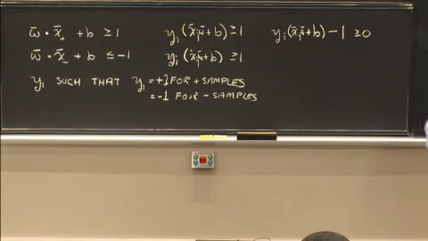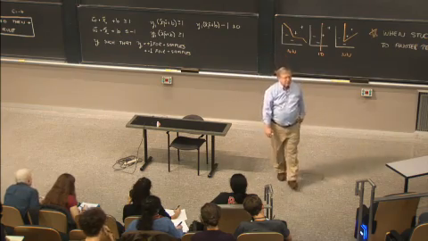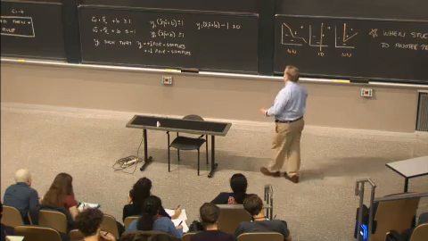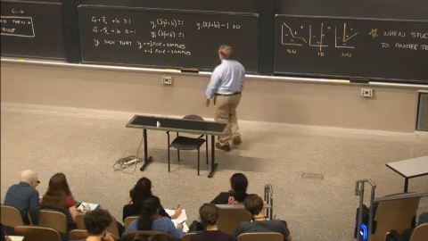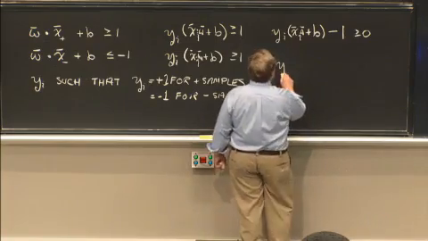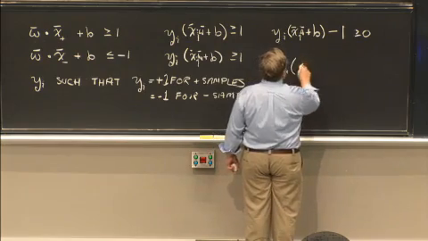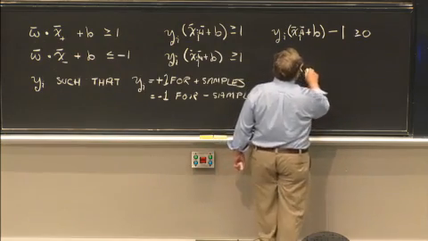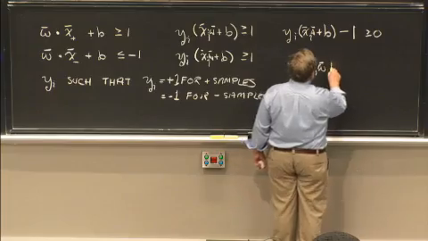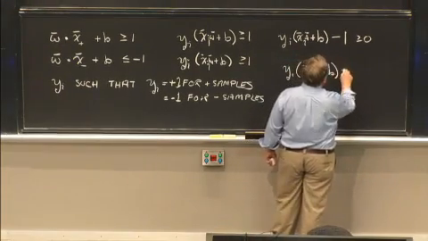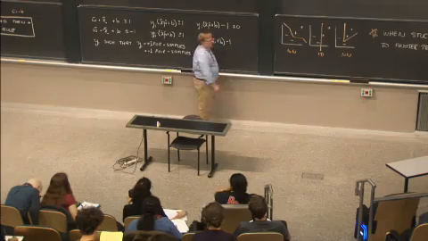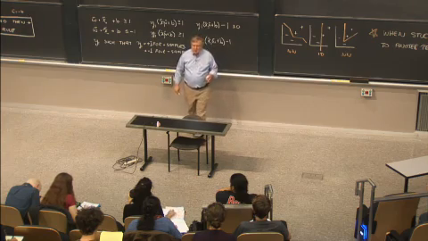All right, now, with Brett's correction, I think everything's okay. But we're going to take one more step, and we're going to say that y sub i times x sub i times w plus b minus 1, you know, it's always got to be equal to or greater than 0.